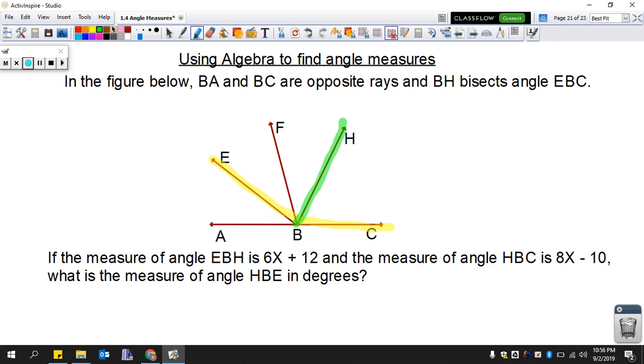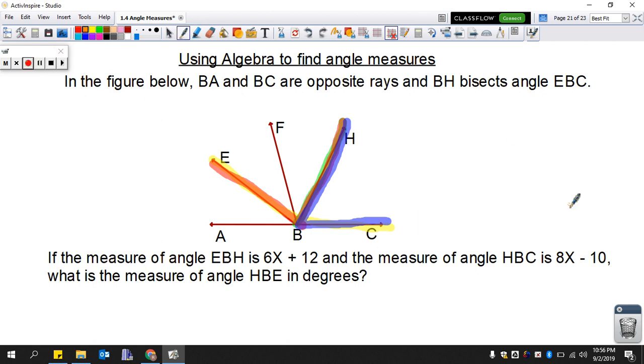Well, EBH is this half of the angle, and HBC is the other half of the angle, and we know that they are congruent because BH bisects it.